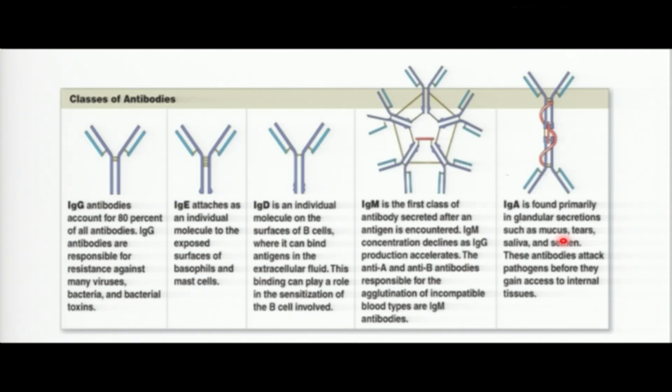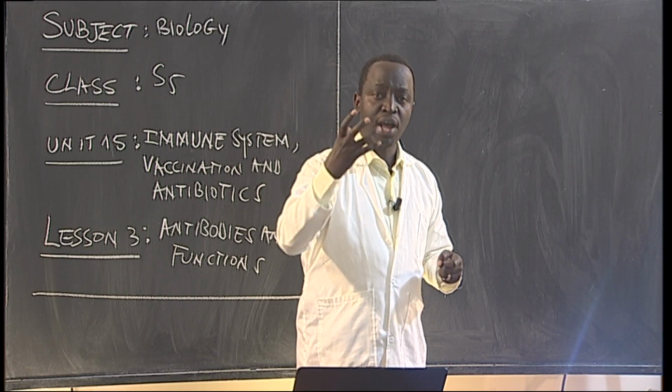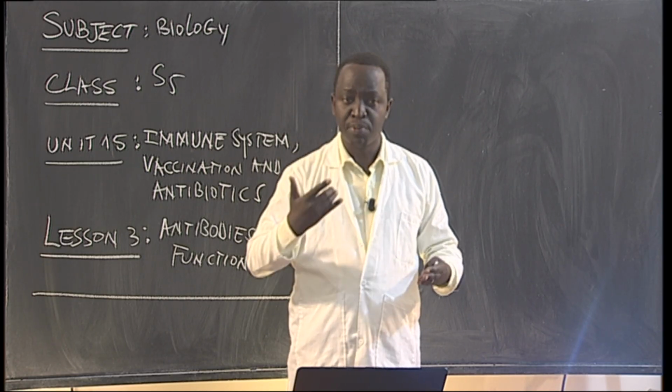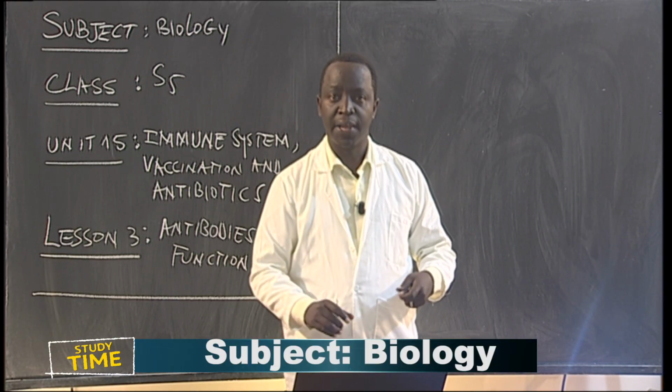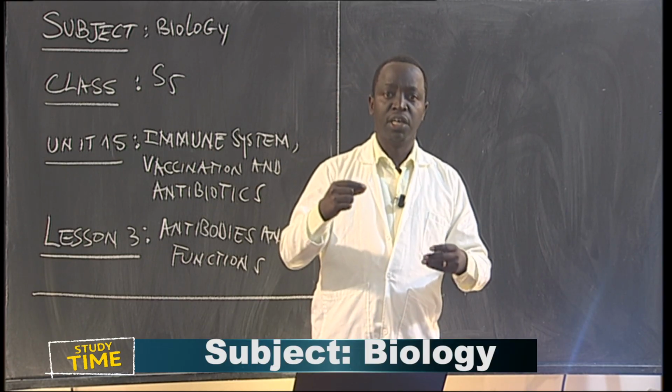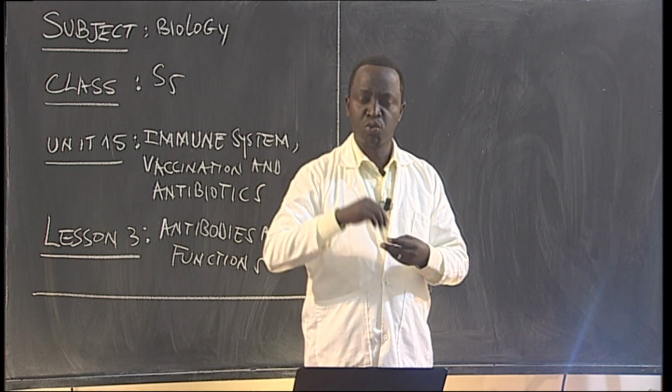This lysozyme acts as a kind of antibody that can kill the germs. Even in our tears, there is also a compound, a chemical that acts as antibody, which means it is where we can find this IgA. We can find it in the mucus, in different secretions, including tears.